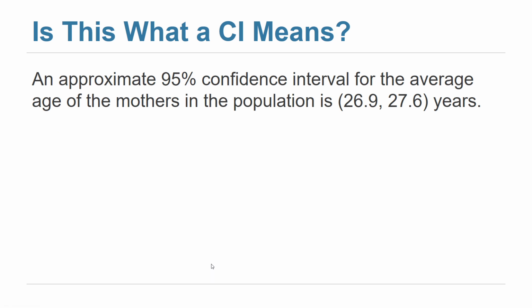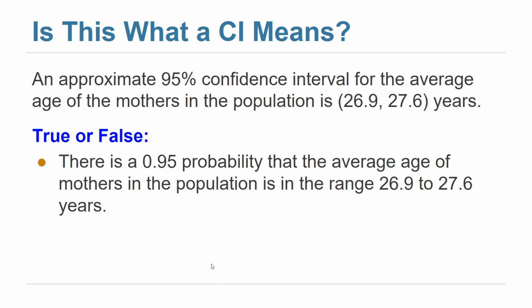A third one, same confidence interval, but the statement that we want to check is different. True or false? There is a 95% probability that the average age of mothers in the population is in the range 26.9 to 27.6 years.